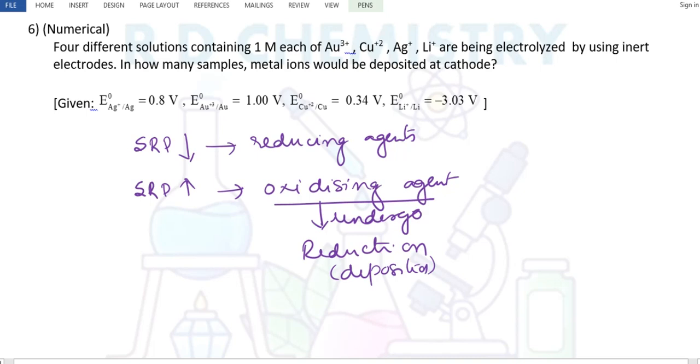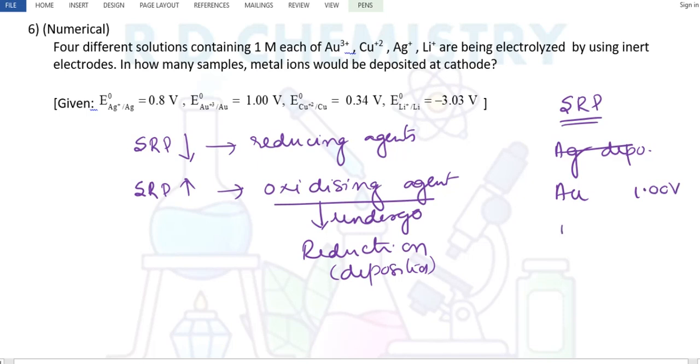Now we'll arrange the SRP values, highest one first. Which is the highest one now? Gold, Au, has the highest value, that is 1.00 volt.